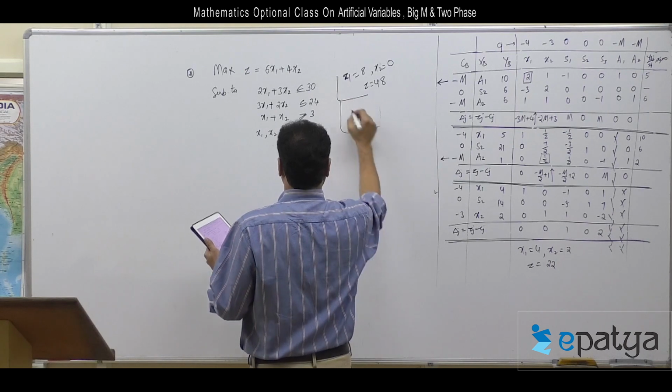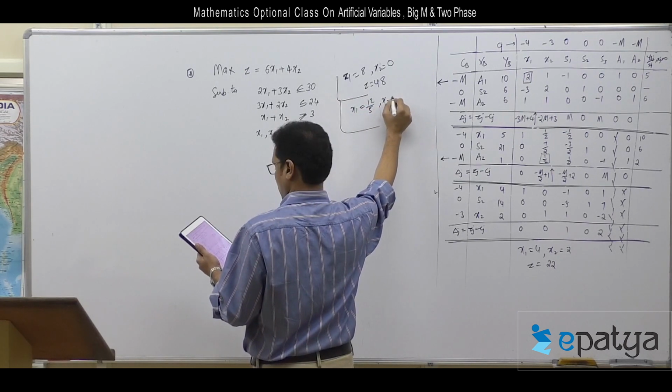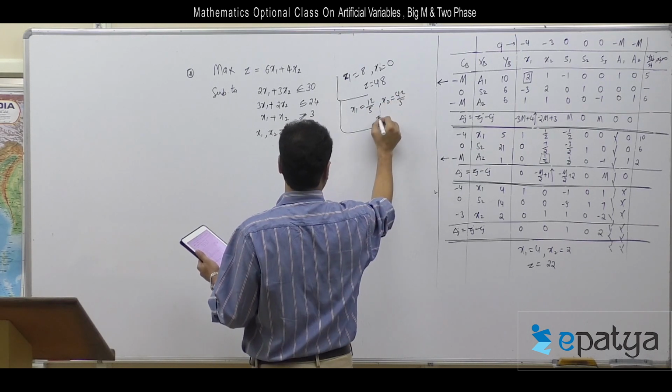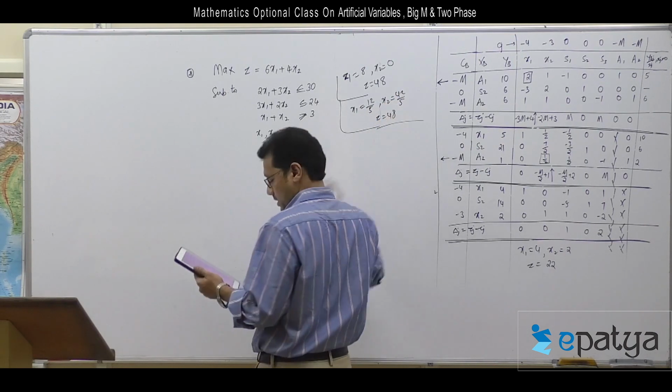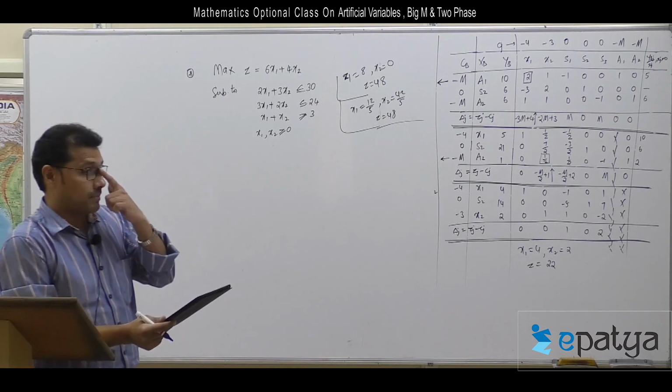An alternate solution being x1 equal to 12 by 5, x2 equal to 42 by 5, obviously z comes out to be 48. Okay. Which answers the second part of the question.